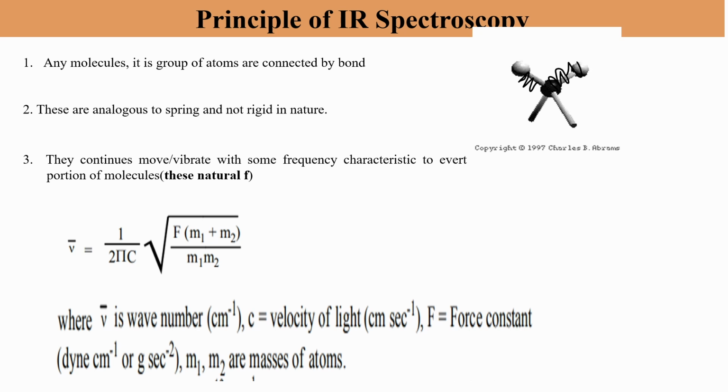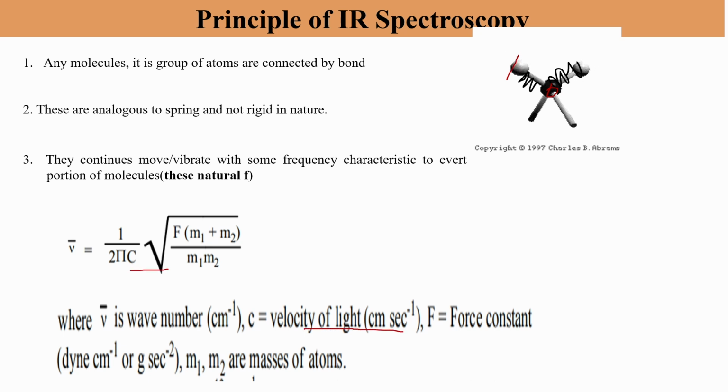The vibration frequency can be calculated using this formula: nu is equal to 1 upon 2 pi c under root f times (m1 plus m2) upon (m1 times m2), where m1 and m2 are the masses of the two atoms, f is the force constant and c is the velocity of light.